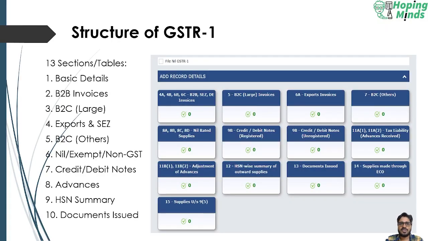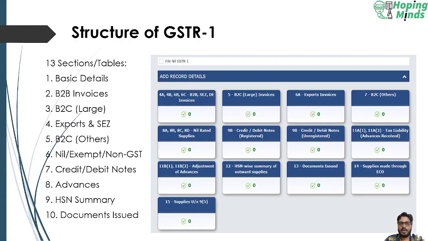So, structure of GSTR-1 return. GSTR-1 is broadly divided into 13 sections or tables. So, let us see what each section contains. Tables 1 to 3 contain basic details like GSTIN, legal name, financial year and the reporting period.